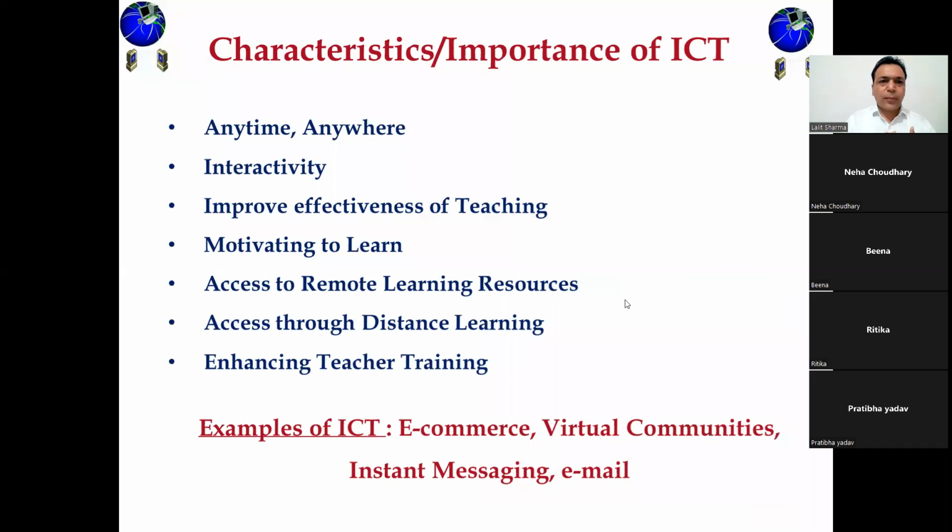Interactivity: data is not static and in a simple form. You have a lot of options to make your data interactive. Interactive means animations, आप animated कर सकते हो उसको. So with the help of animation and these devices you can make your data interactive, right?